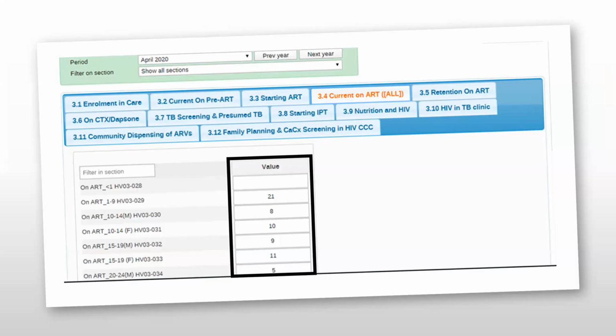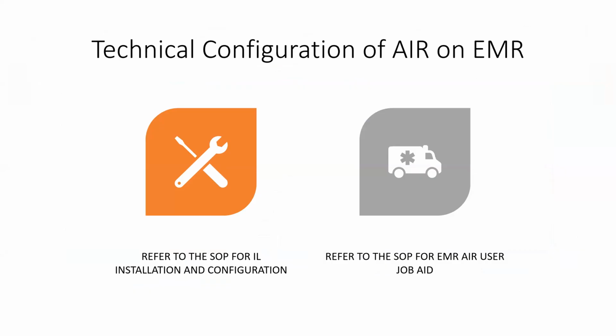Then towards the tail end of this training, we'll be able to log into the DHIS instance and verify that the data that we have submitted is actually reflecting in the DHIS instance. Okay, so for configurations, we have a lot of documentation and SOPs that might guide you on how to set up IL and how to set up eAIR.